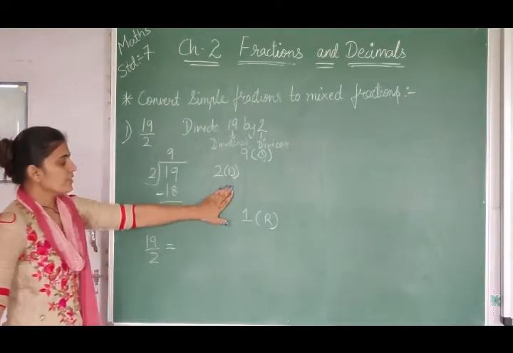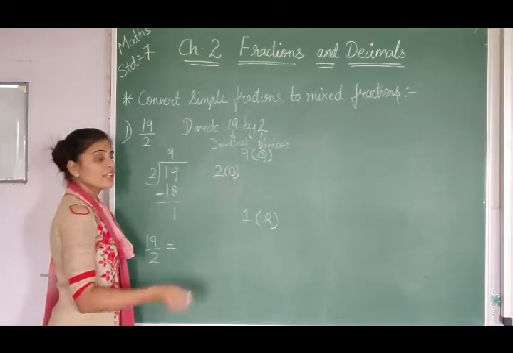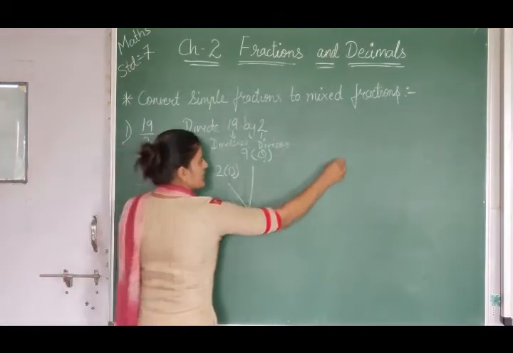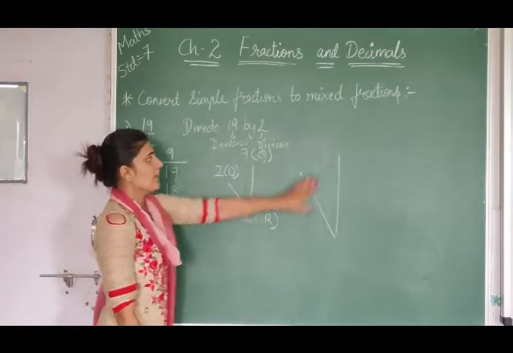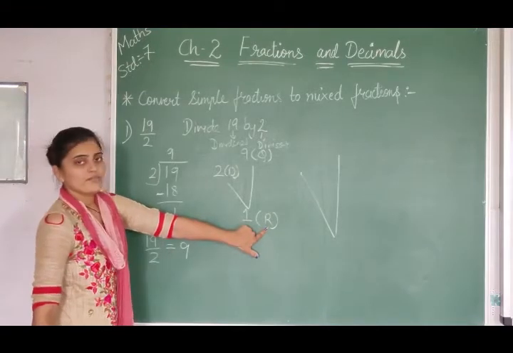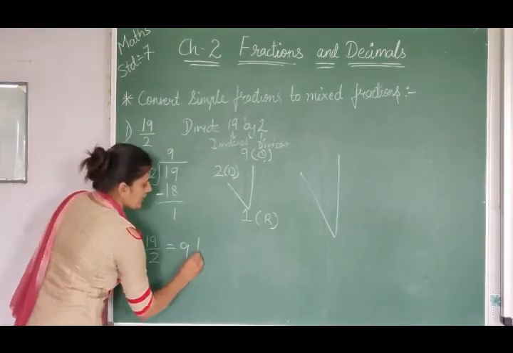A simple way to write it as a mixed fraction is to remember the reverse V. Simple, a reverse V. So 9 we will write as the whole number, then comes the remainder 1, and we will write 2 as the denominator.